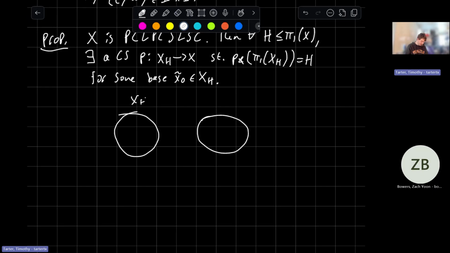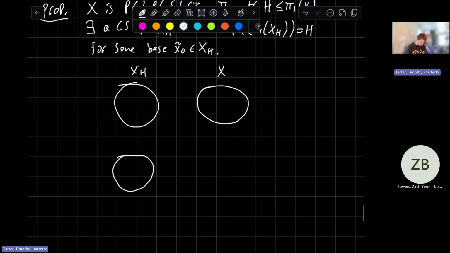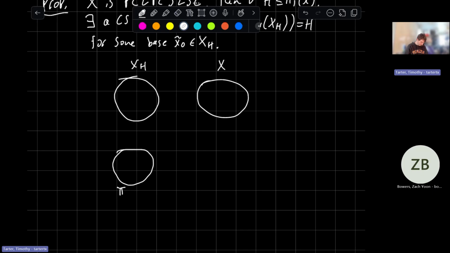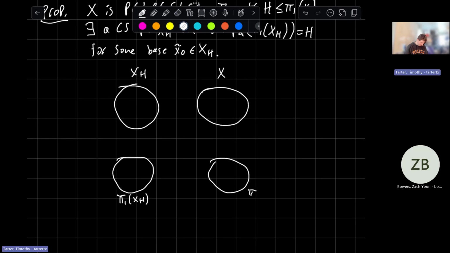Hmm. It's kind of suspicious that this is called XH.